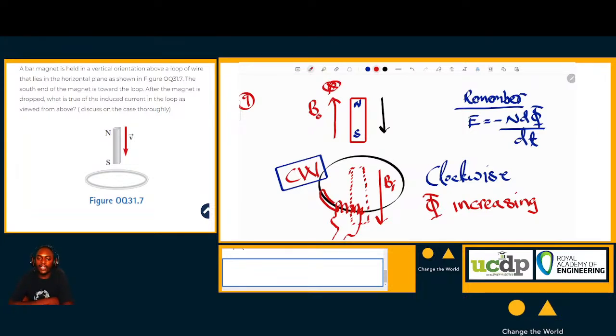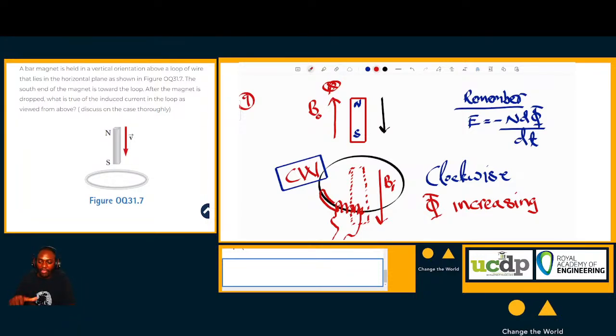Then using the direction of the induced magnetic field, you can determine the direction of flow of current using your right-hand grip rule. We said you have to grip the conductor, make sure that the metal conductor is in contact with your palm, and your four fingers are pointing in the direction of the induced magnetic field, which is inside the coil.